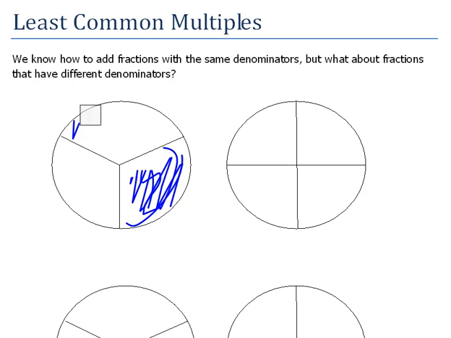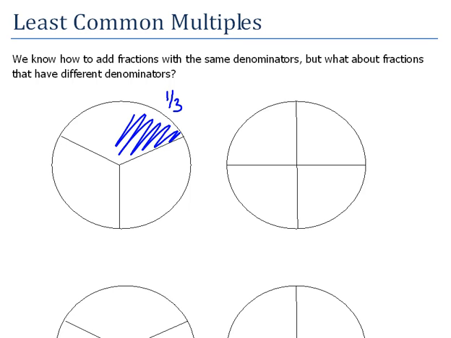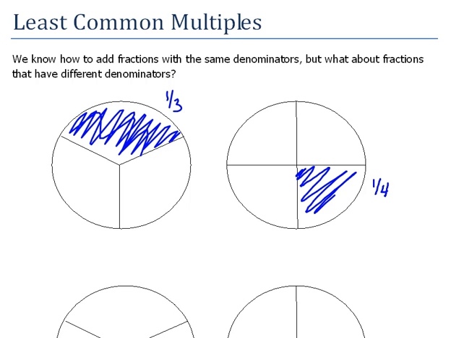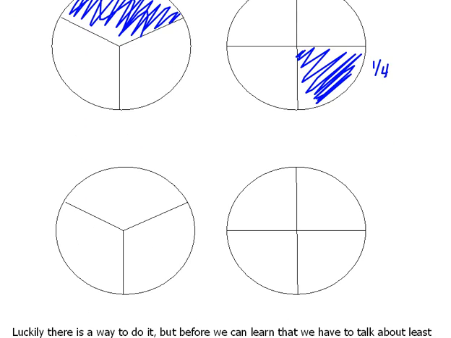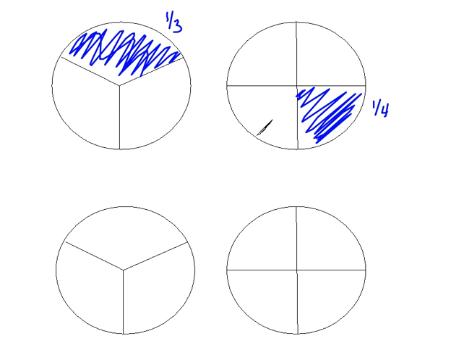Now, where it becomes more difficult is where we're adding things like, say, 1/3, which would be this portion of my picture here, and let's say we're going to add it to 1/4, which would be this part of my picture.